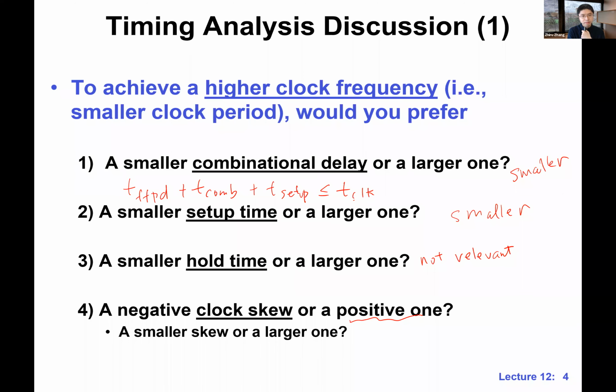Maybe we can take a look at this setup constraint one more time later on. But keep this question in mind. If you're not sure yet whether we need negative skew or positive skew, or a smaller one or larger one, ask me later. These are good discussions on the chat window. Most of you are getting this right.